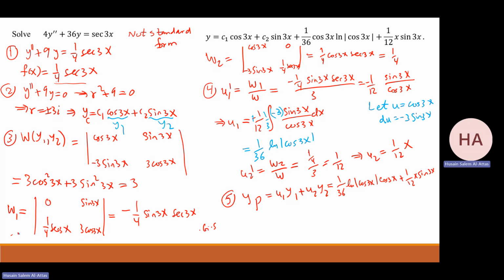What is the general solution? y equals yc plus yp, and that's c1 cosine 3x plus c2 sine 3x, plus 1 over 36 ln cosine 3x cosine 3x plus 1 over 12 x sine 3x, which is this one. Exactly.